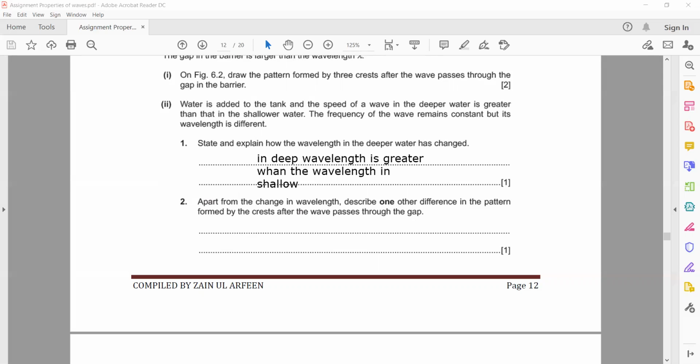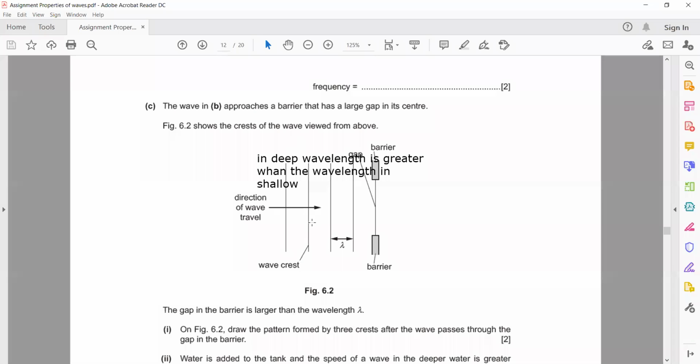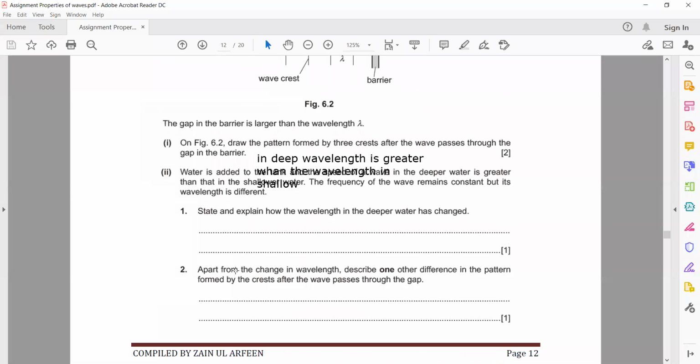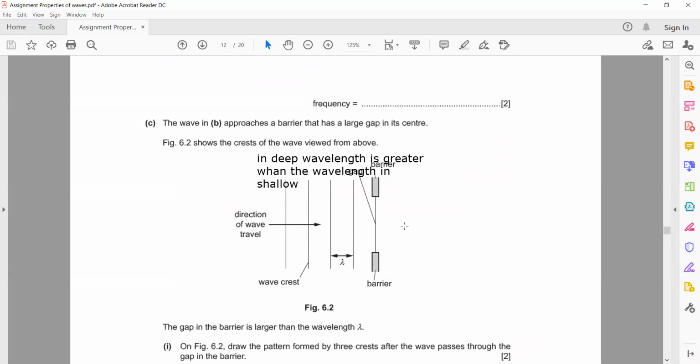So what happened, as you can see, what we did now. Now the same wave is passing through a gap which is in a deep region.